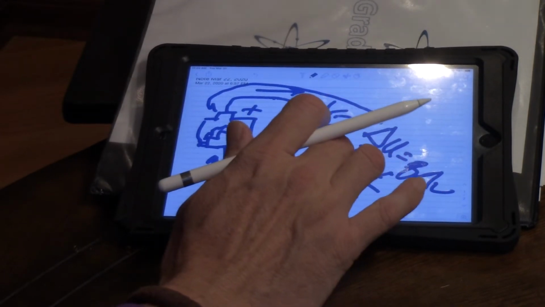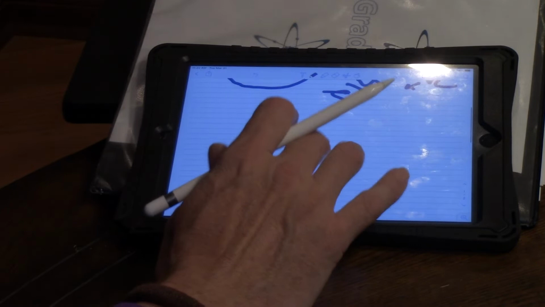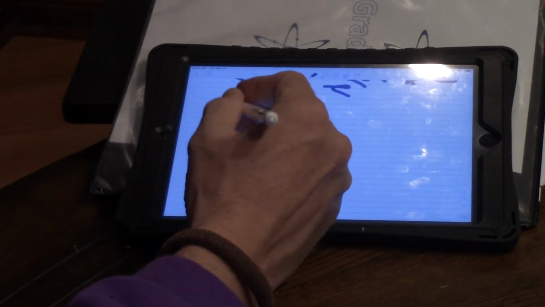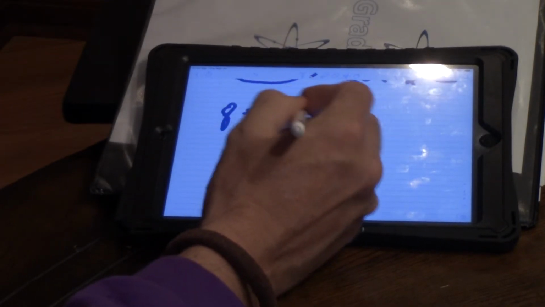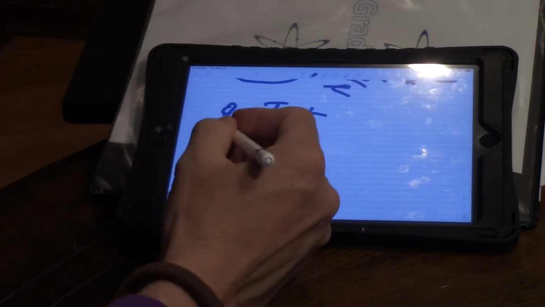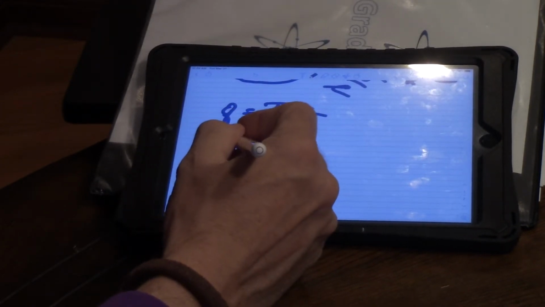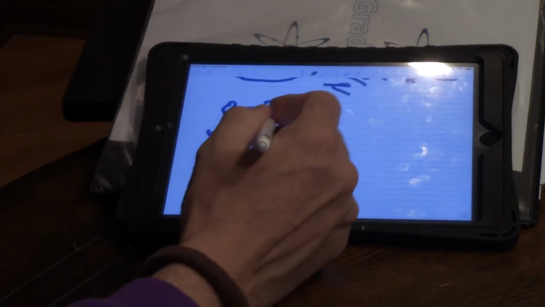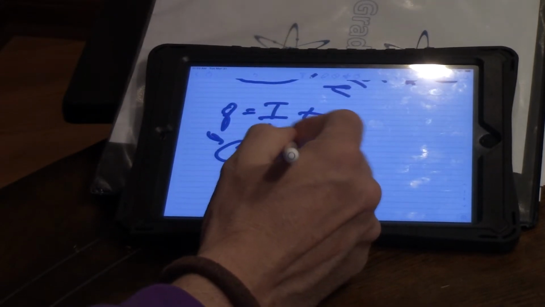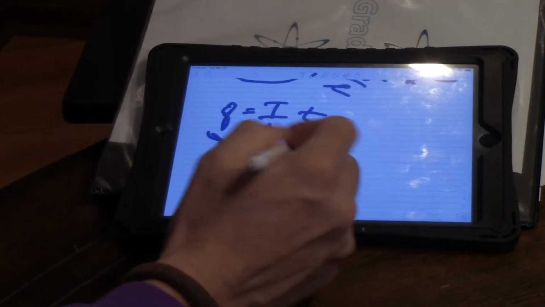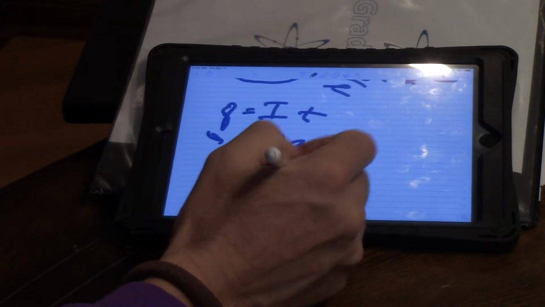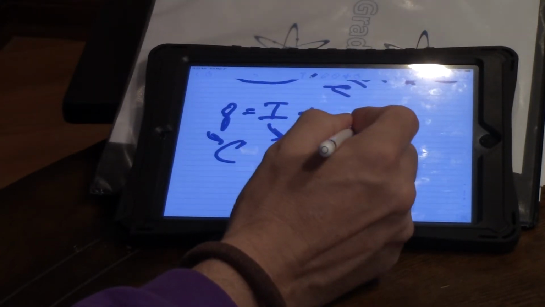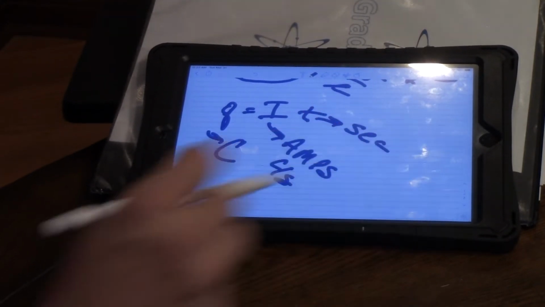Now the other big equation that you're going to need is Q equals IT. Q is your charge in coulombs. I is current, which is measured in amps, which is coulombs per second. And then you have time, which is in seconds.